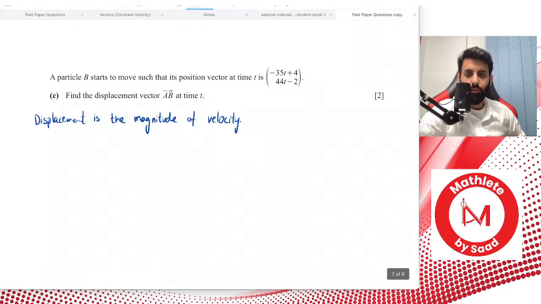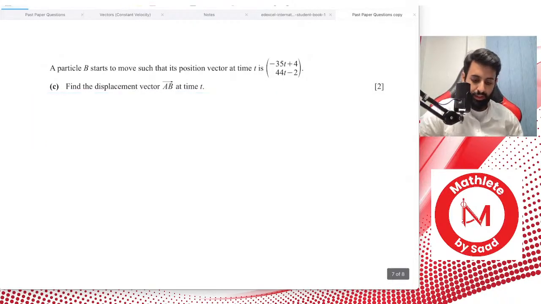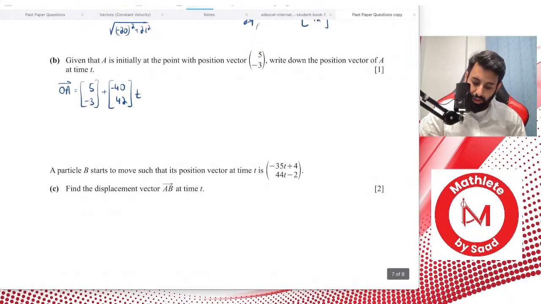If you have the velocity, and if you differentiate it, okay, wait a minute. Let's read the question again. It's asking you for the displacement vector AB. Sorry, my bad. Displacement is the magnitude of velocity, but that doesn't apply over here because here you have to find out the vector AB first. So let's see how this works.